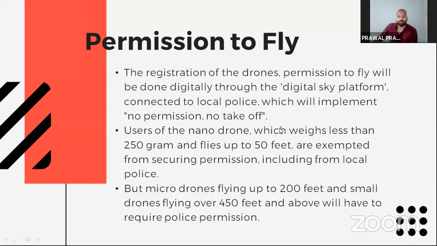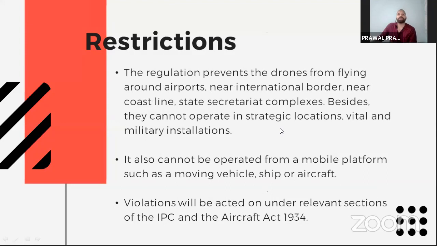Apart from this, what are the areas where you can fly and where you cannot fly? The restrictions are close to airports, international borders, coastal lines, okay? Government buildings, official buildings, or these types of places, you cannot fly a drone over there. You have to keep that in mind. You cannot just go anywhere and fly a drone.